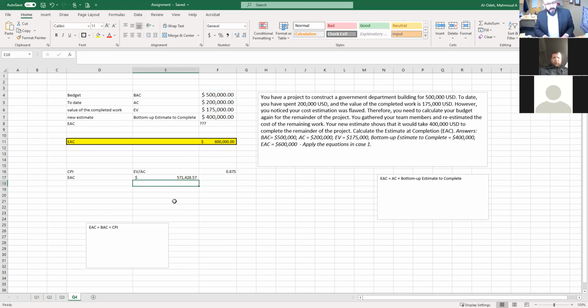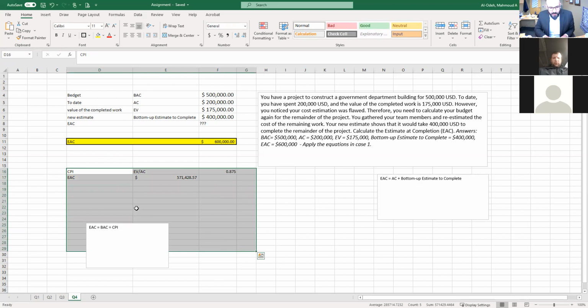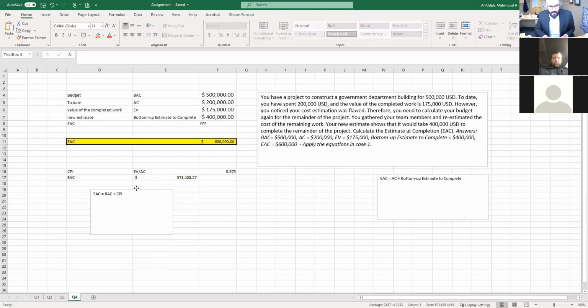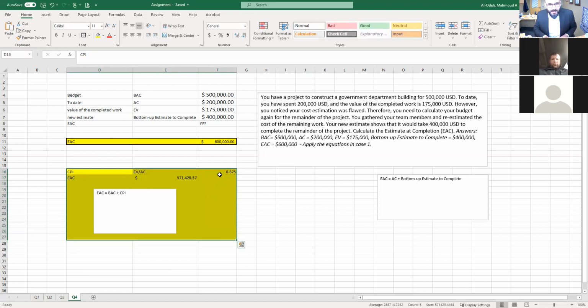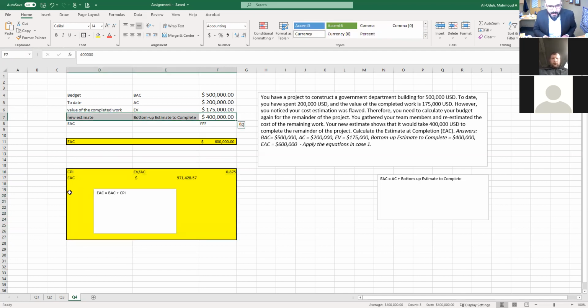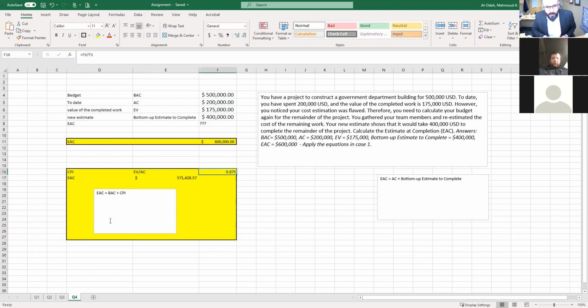That will give you 571,000. So again, this is not related to the question. I'm saying, just make sure you have your own notes. Yes, I answered this way because I said this is assuming that the new estimate is not given, and I want to find what would be the EAC in this case. What you need to do, find the CPI, that would be the cost index, and divide the budget by the CPI to find out what would be the new estimate.